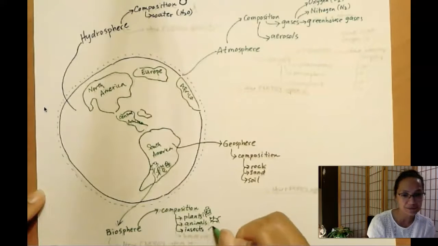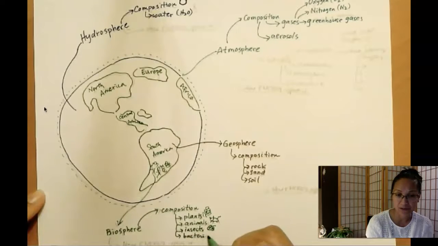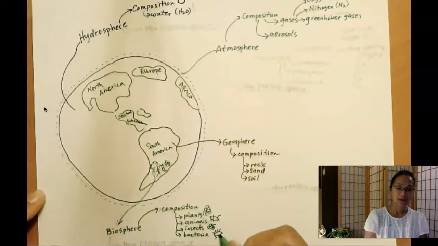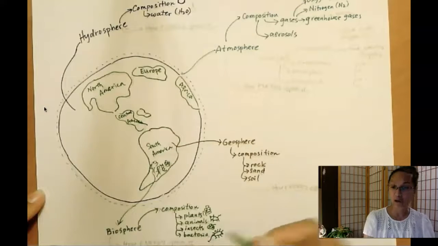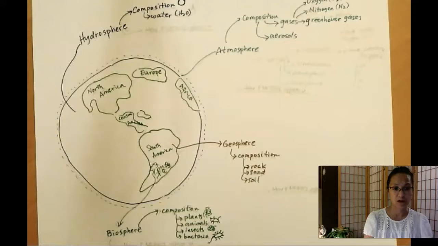Insects, so you can draw a butterfly because a butterfly is an insect, and bacteria. So these are 4 examples of what the biosphere is composed of.